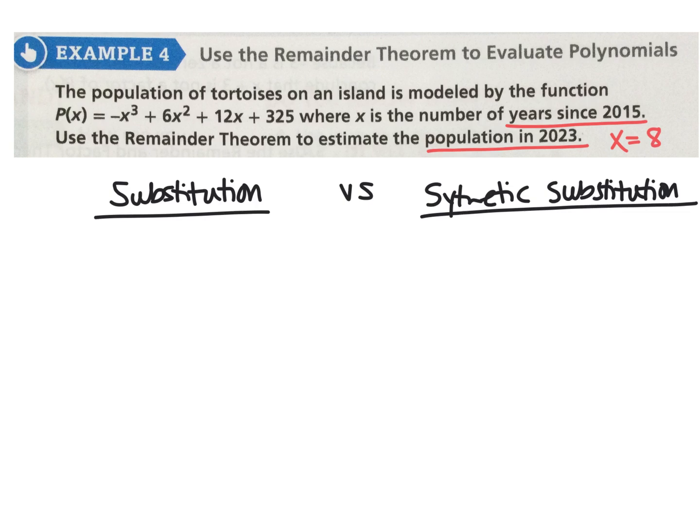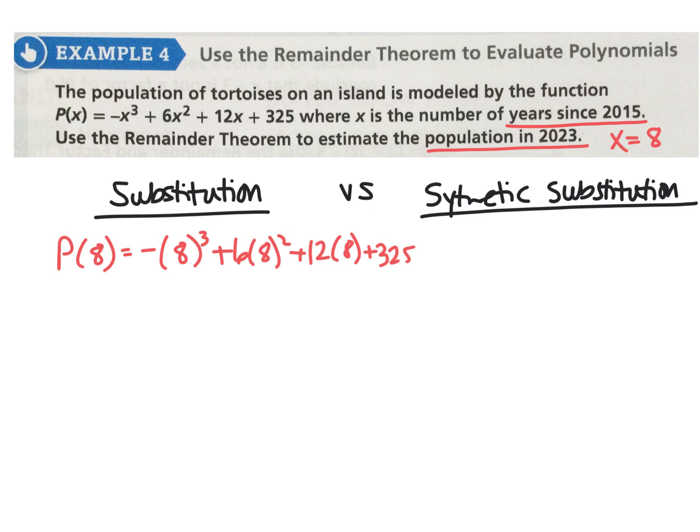So traditionally, we would plug that in to find p of 8. We would do negative 8 to the third plus 6 times 8 squared, plus 12 times 8, plus 325. And if you have a calculator, of course, that's going to be really easy. The problem is if you had to do this without a calculator, that would be some pretty big numbers that you would have to work through.